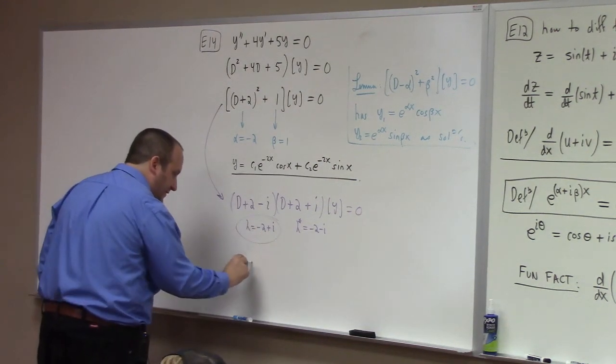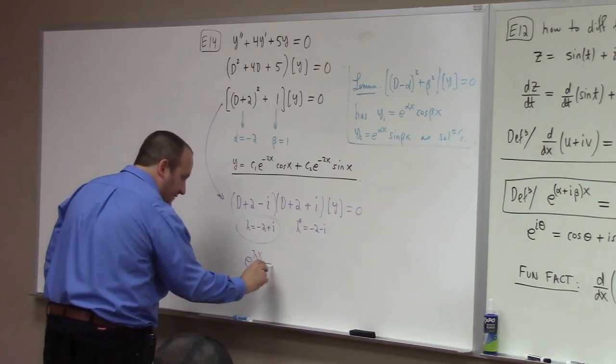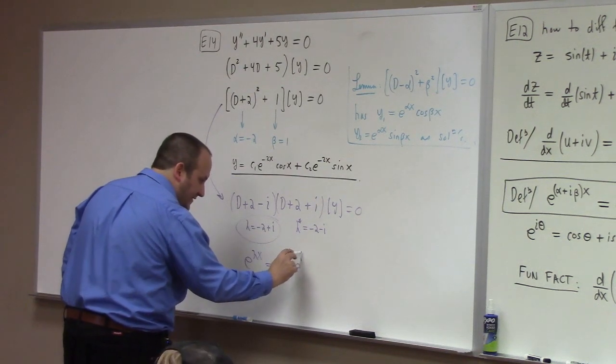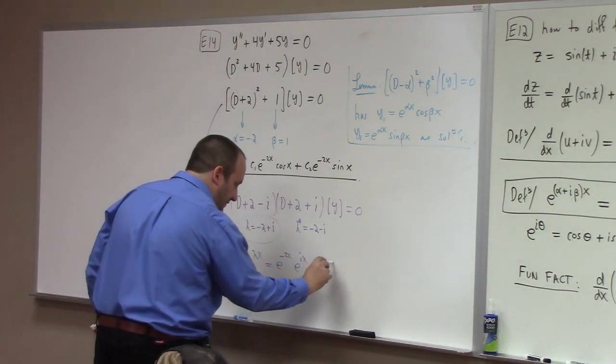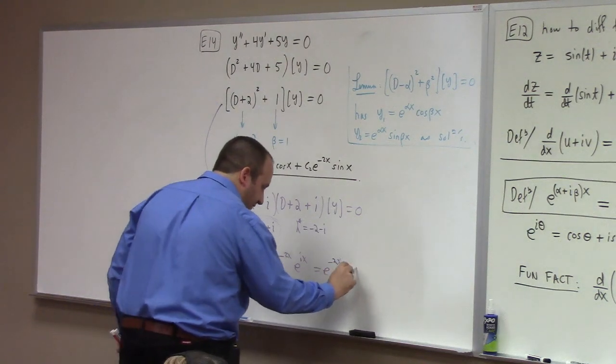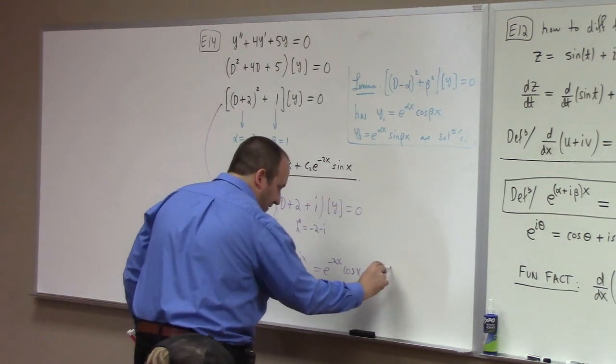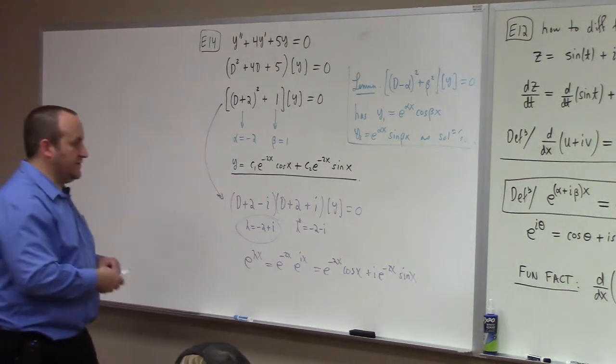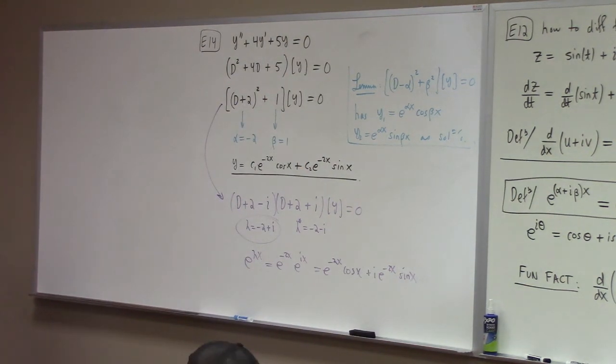Focus on this one. e to the lambda x is equal to e to the minus 2x times e to the ix, which is e to the minus 2x cosine x plus i e to the minus 2x sine x. That's a complex solution to the differential equation. The real and imaginary parts of that give me what I wrote next to C1 and C2.